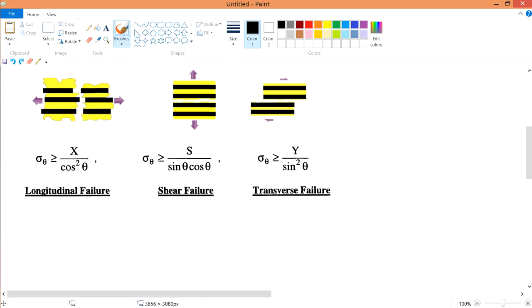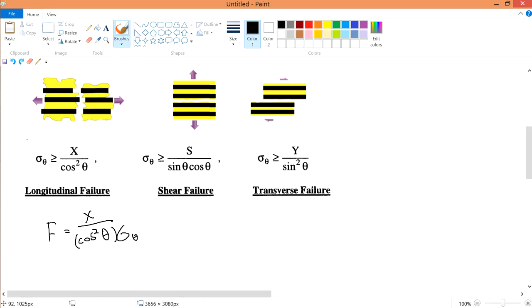So this can be extended. In order to find your factor of safety, this is not the final equation. The final thing is that your factor of safety is equal to x divided by cosine squared theta multiplied by sigma theta. You need to take note that this stress is not equal to this.